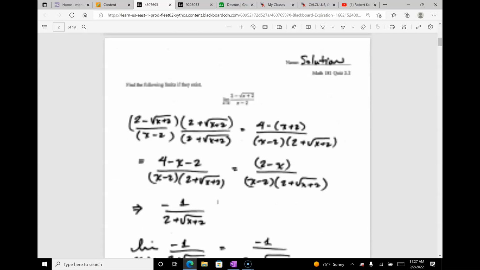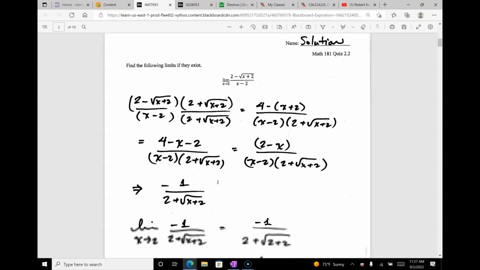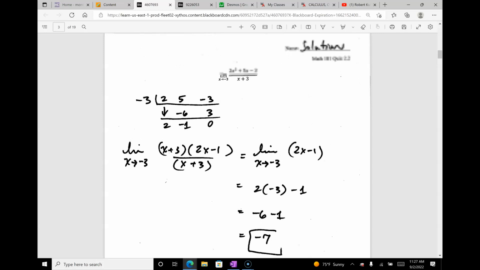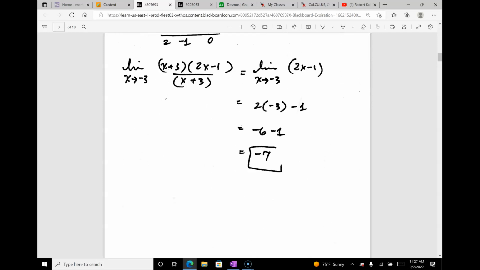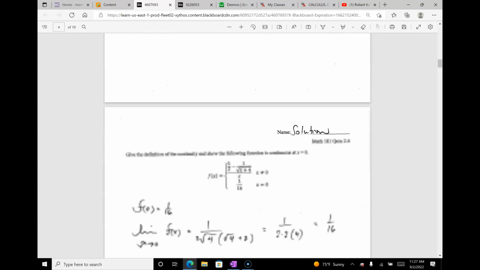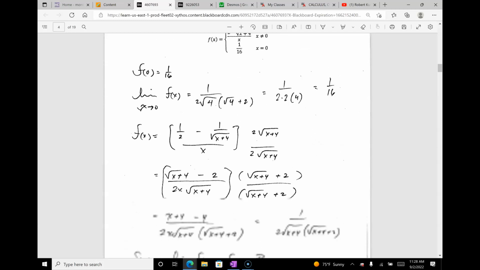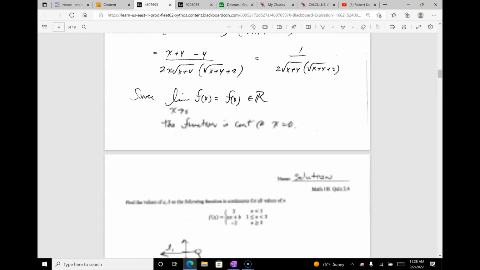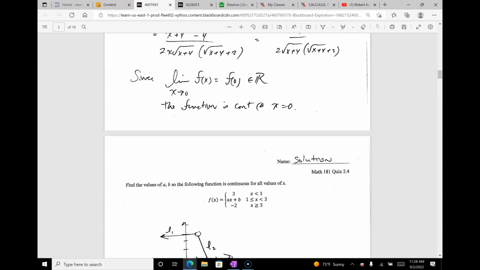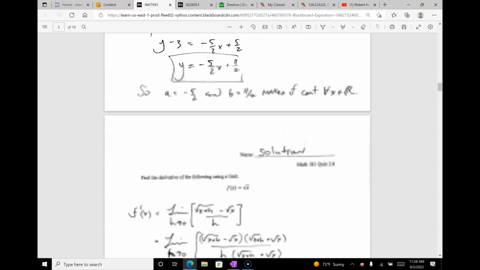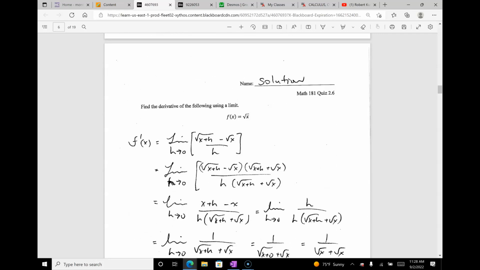Second page, there's a conjugate. Third page, there's factoring. We did that one Wednesday. Not the fourth page, that's continuity. Not the fifth page. No, so just those first three.